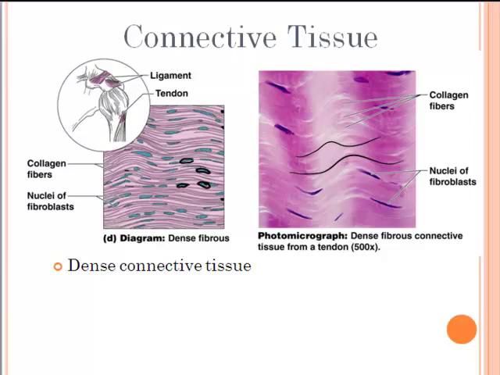Something to point out here as well. Notice that there are no blood vessels coming through this dense connective tissue. So this is also avascular tissue. This is important when you think about wounding or hurting a ligament or a tendon. If you've ever hurt a ligament, it takes a long time to heal.